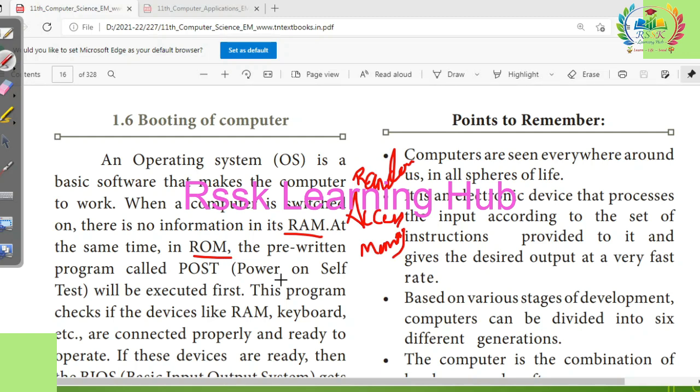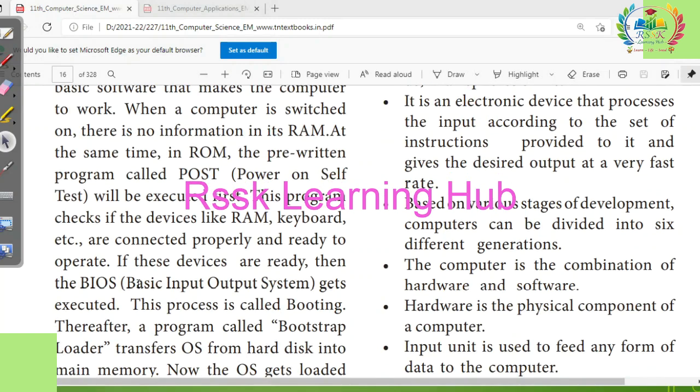POST means power on self-test. It may be asked as a 1 mark question. It is executed first. This program checks whether devices like RAM and keyboard are connected properly and ready to operate. If these devices are ready, then the BIOS, which holds the booting settings, the basic input and output system, takes over.